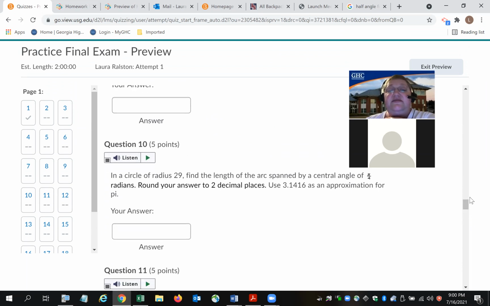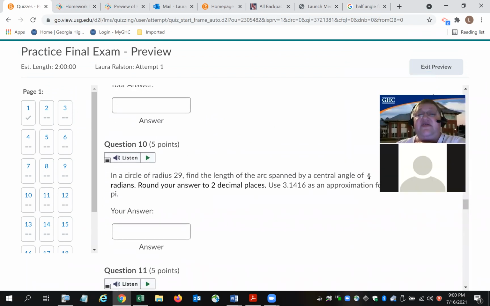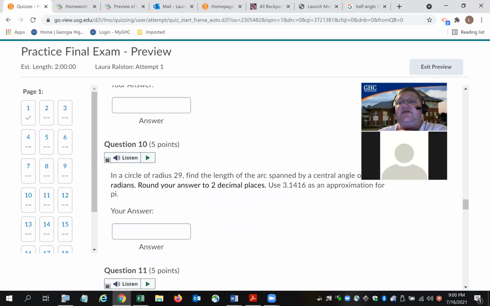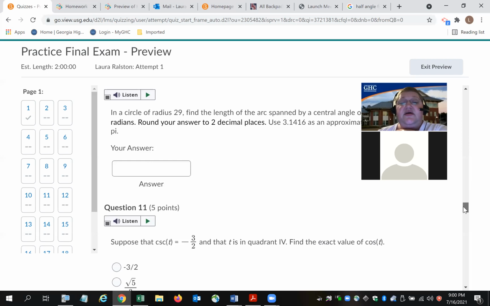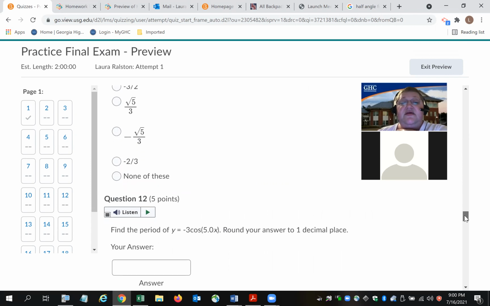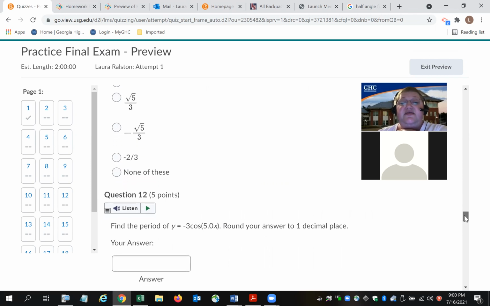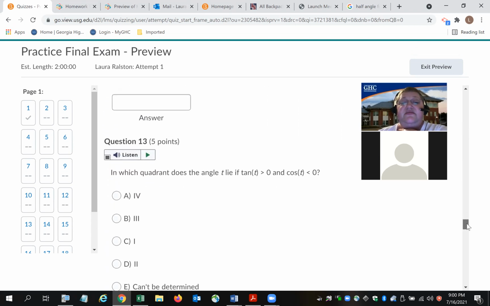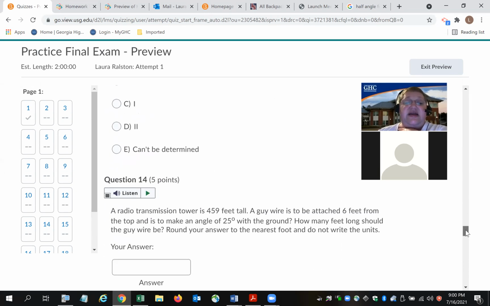Finding the arc length. Okay, and I did see the formula for that on the formula sheet. Finding the value of cosine given cosecant. Finding the period of cosine. Question 13, by the way, they've corrected it now. It did have the wrong answer, but they've corrected it now.